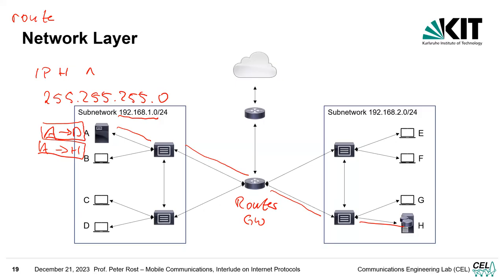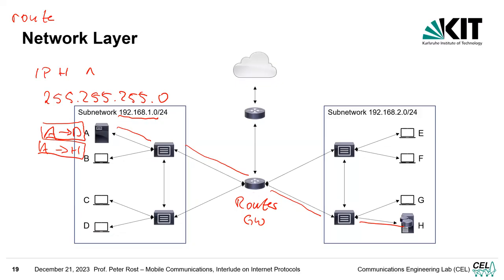So this one has an IP address, and then with ARP, it's permanently informing the network, hey, that's me, that's my IP address, I have the following MAC address. Then this MAC address is also stored here in the gateway, and once it's receiving a packet for H, it will then deliver it on the corresponding port towards the server.